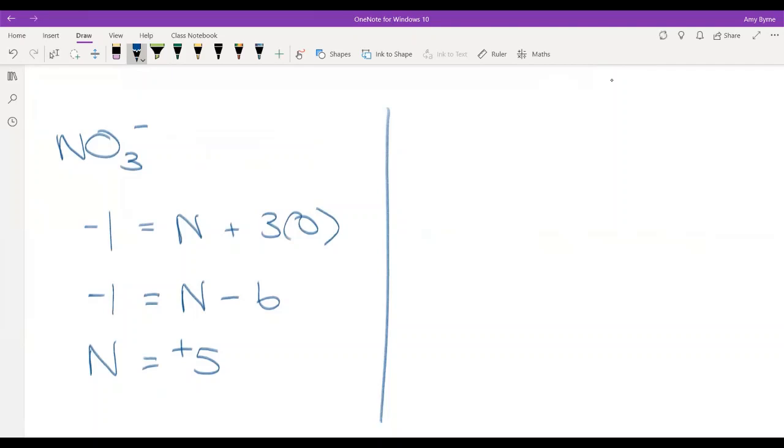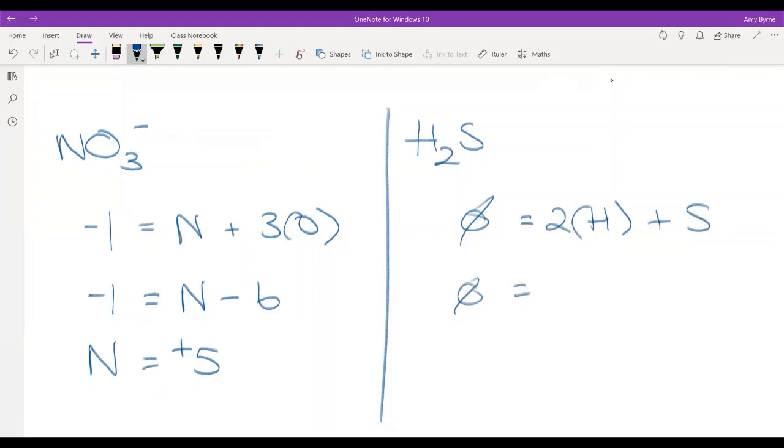Let's do another sulfur. Let's do hydrogen sulfide, which is rotten egg gas. Overall, this has a charge of 0. And it is 2 times hydrogen plus sulfur. So 0 is equal to 2 times 1 is 2.